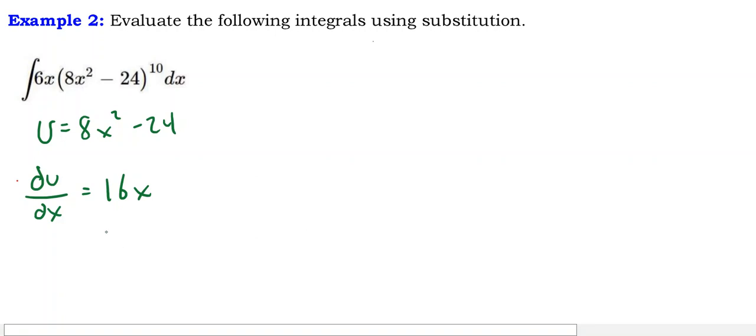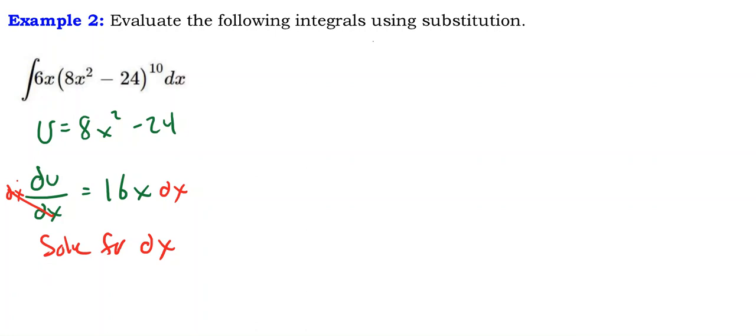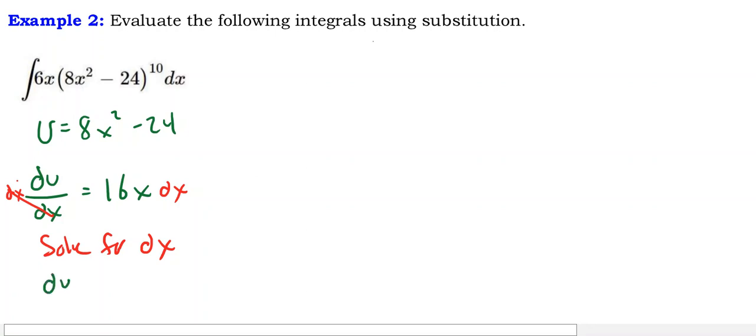And then we want to solve this for dx. To do that, multiply both sides by dx. They cancel out here, and so we're going to have du is equal to 16x dx, and then divide both sides by 16x.